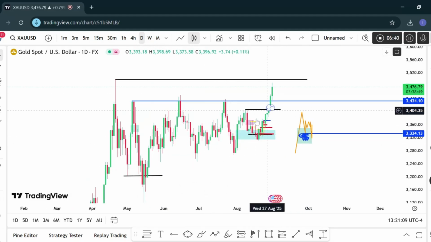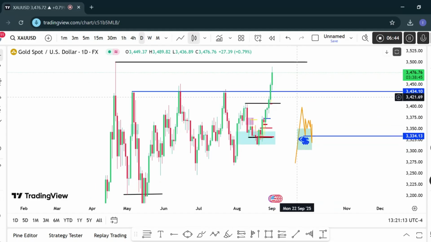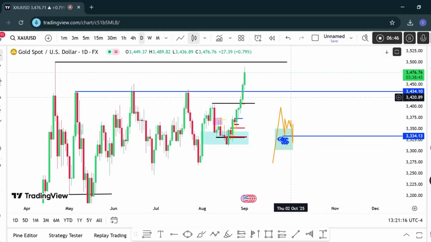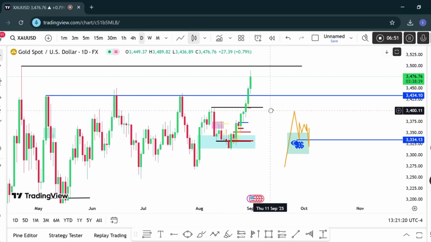The only fair value gaps that I'm using are daily and weekly. More than that, it just gives me an idea of how powerful the trend is. If the market is moving higher and leaving higher time frame fair value gaps, I'm more inclined to dismiss the idea of selling. I'm only focusing on buys.